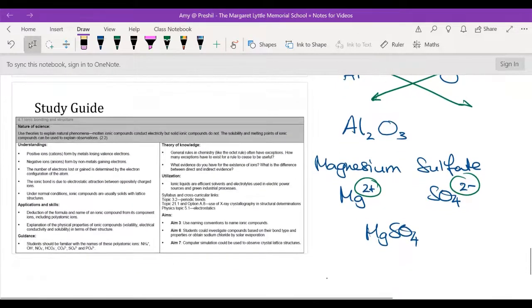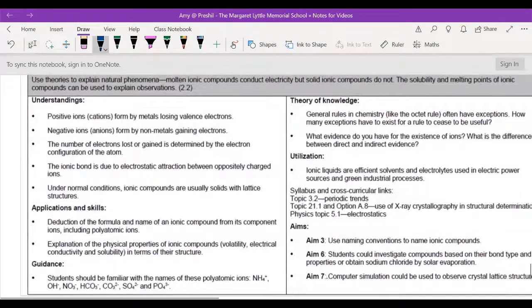So let's double check the study guide. We have talked about cations being formed by metals losing valence electrons and anions forming by nonmetals gaining electrons. We've talked about number of electrons linking to electron configuration, and we've talked about electrostatic attraction.